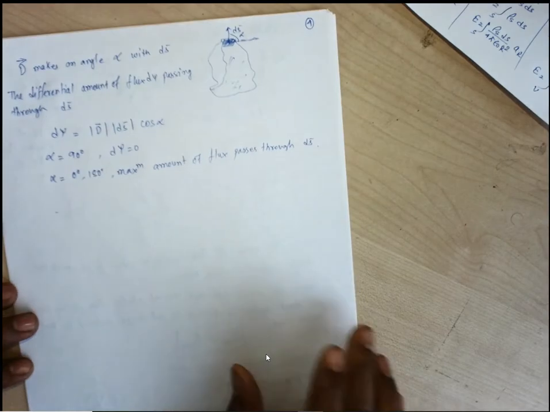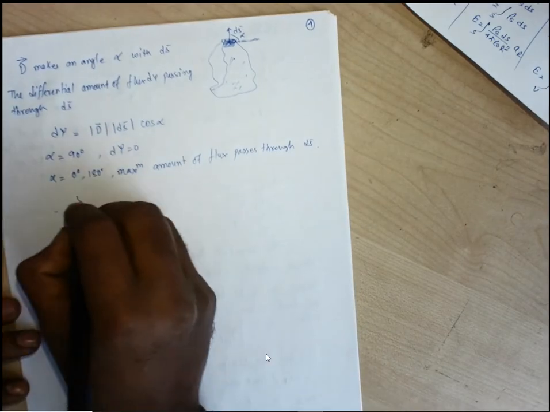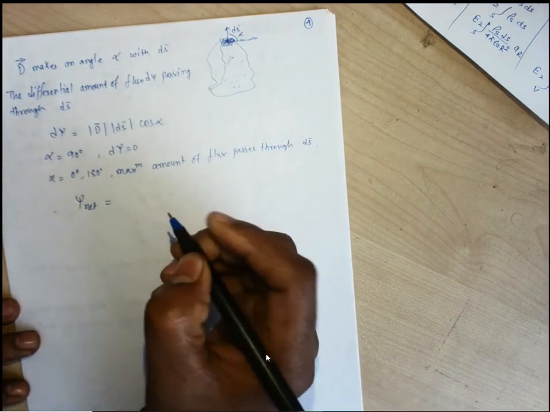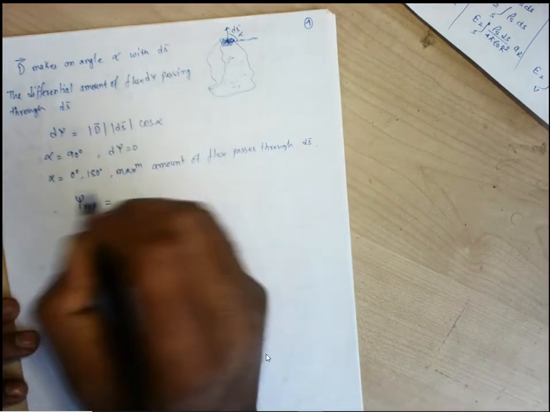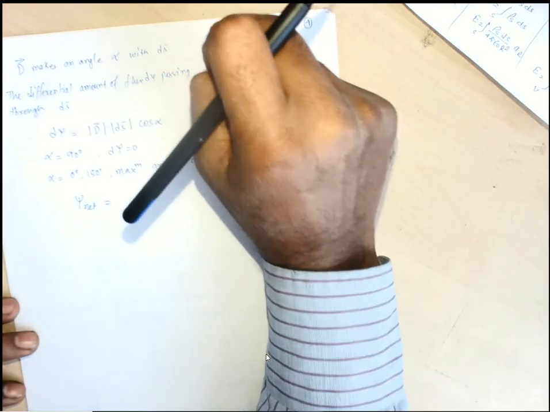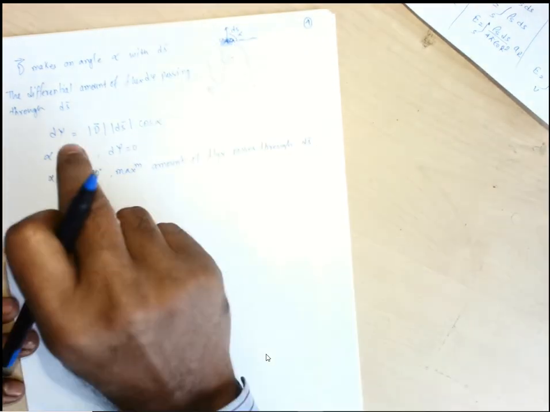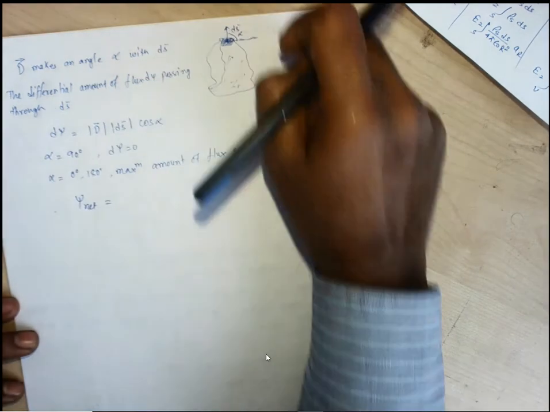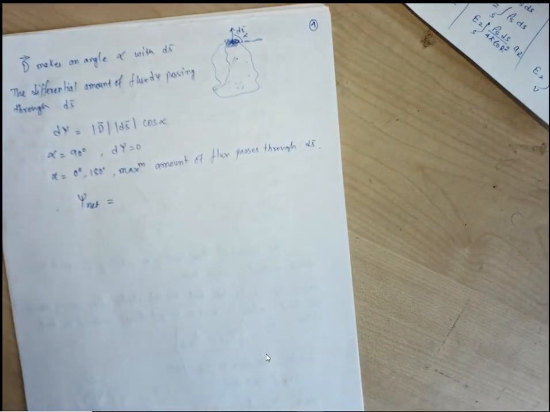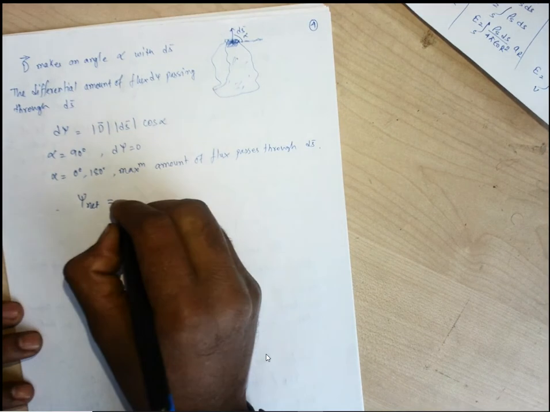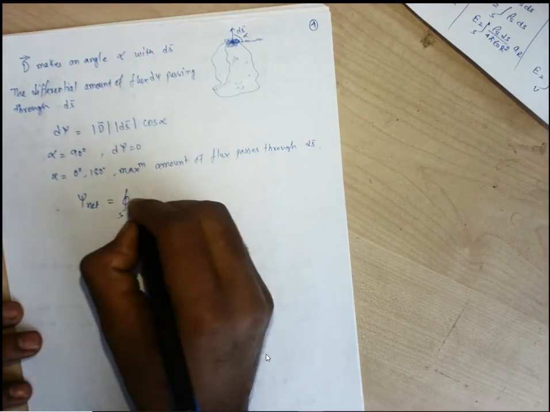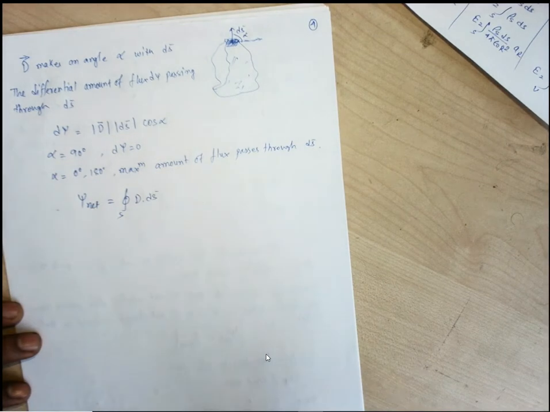So the psi net, the total flux, depends upon the surface. If we take this differential surface element, then we have d psi. If we have the total surface, then we have the total value of flux, that is the closed surface integral of D dot ds, the dot product.